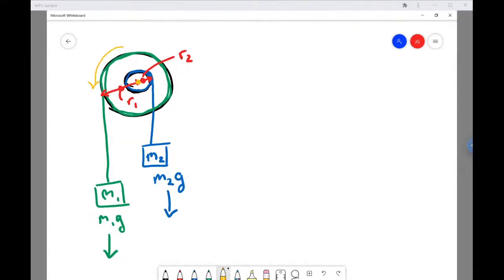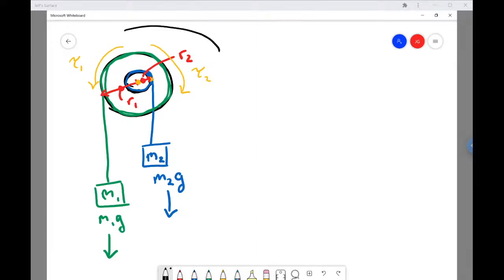On the other hand, mass 2 is exerting a force on this inner wheel right there, and that's going to generate a torque that will tend to want to make the wheel rotate clockwise. So mass 1 will generate a torque, call it tau 1. Mass 2 will generate a torque, call that tau 2. We have to define one of these directions as positive and the other as negative, the vector nature of torque.